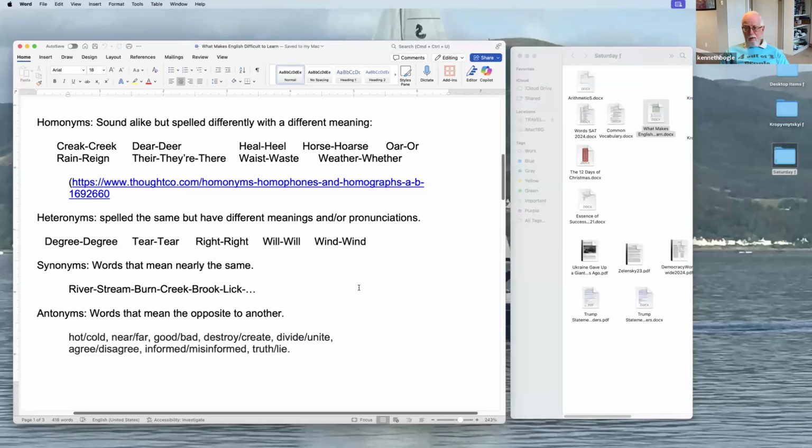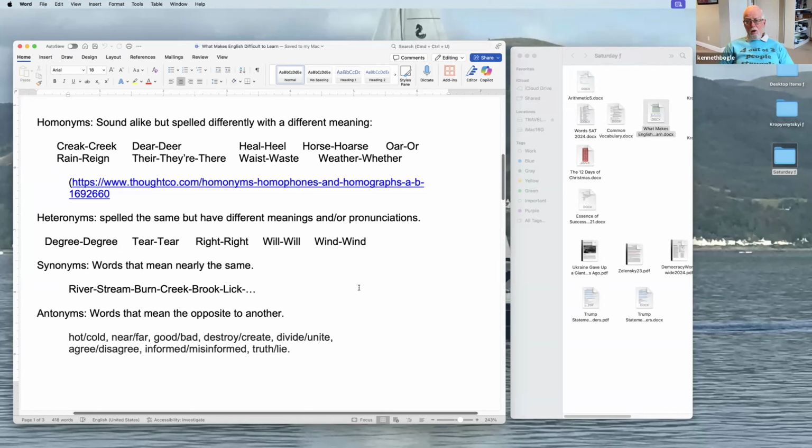Heal, as in to make well, or heel, the backside of your foot. Horse, obviously an animal that you ride, or hoarse, meaning my throat is hoarse and I can't speak very well.